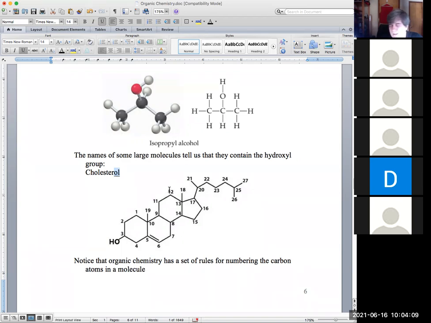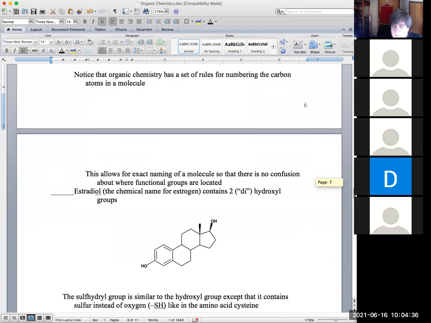Do you add it at number 12 or number 17 or number 6? Where exactly does it fit in? So these rules allow us to, when we name the molecule, if we have an extra OH group on here, make it very simple to specify exactly where that second OH is located.